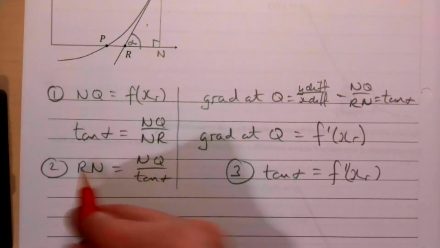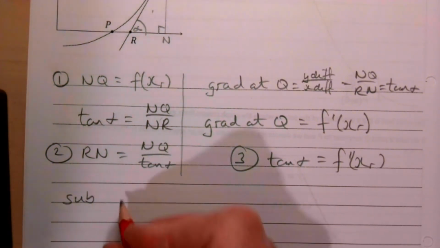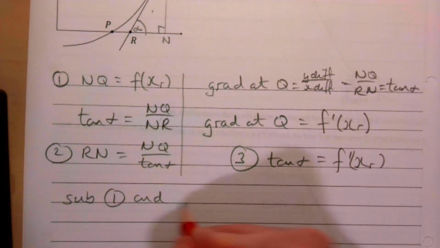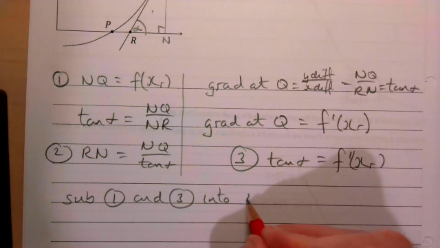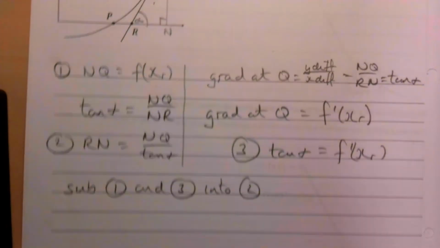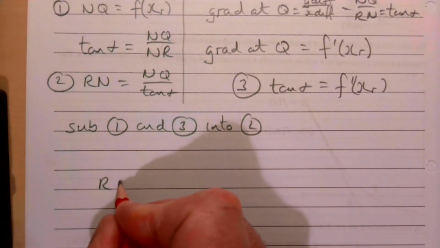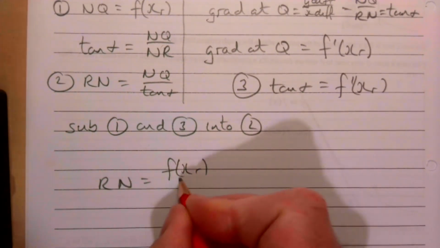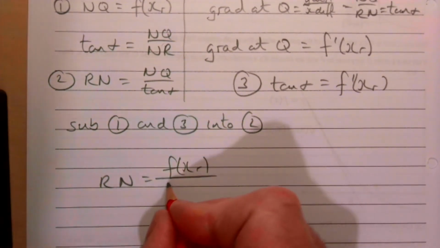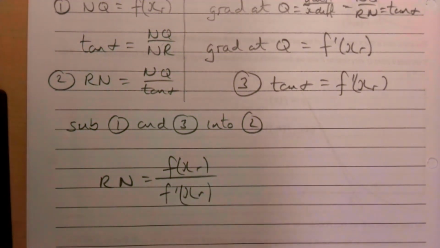If we have our 1, 2 and 3 here, and we substitute 1 and 3 into 2, we get RN equals f(x_r) over f dash(x_r).